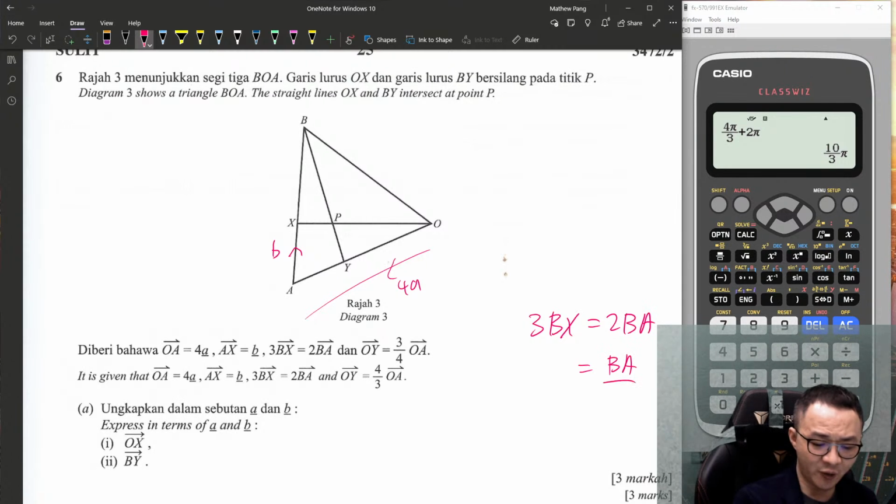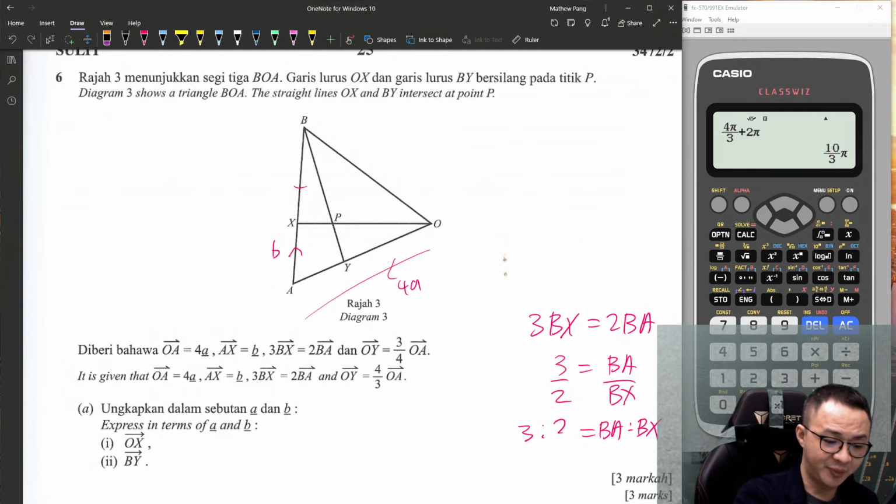So BA over BX is 3 over 2. So BA ratio BX is 3 ratio 2. BX will take 2, sorry, BX will take 2. BA will take 3. So obviously here will be 2b.